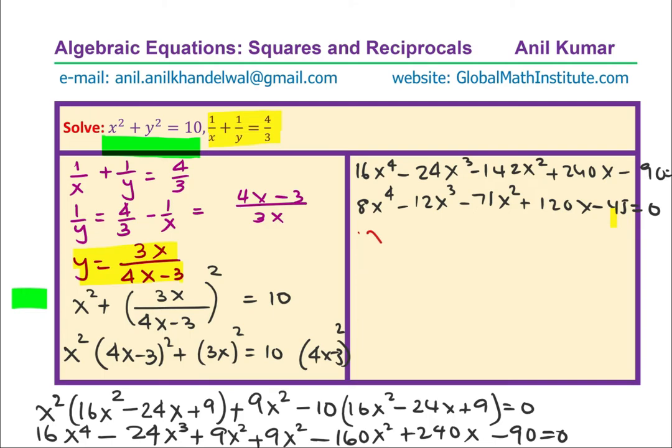So let me write it like this. x equals 1 is a solution. So therefore, x minus 1 will be a factor, correct? So I could divide this equation by x minus 1 and reduce it to the cubic equation. Perfect? So let's do that part.